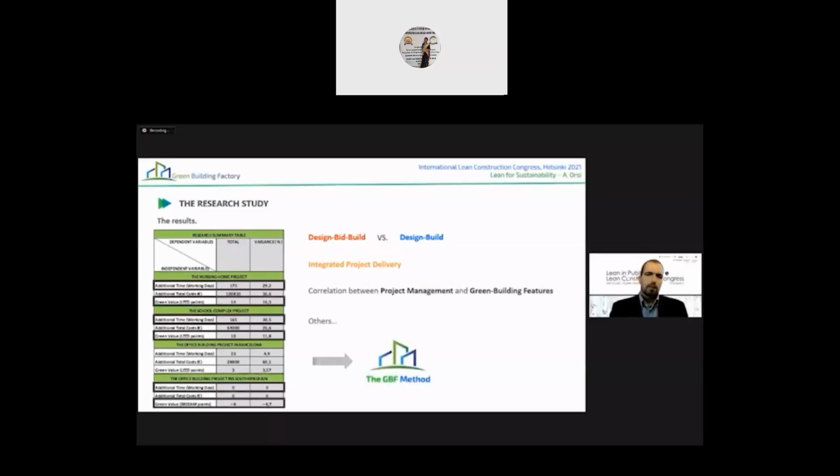We gathered all these results within what we call the Green Building Factory, GBF, method, but the key idea here was to use lean only to detect the wastes within the process.